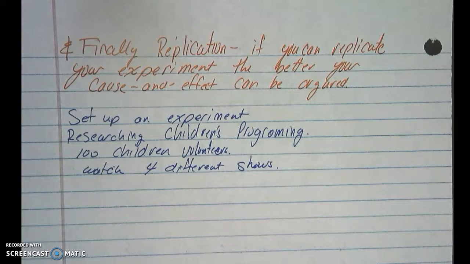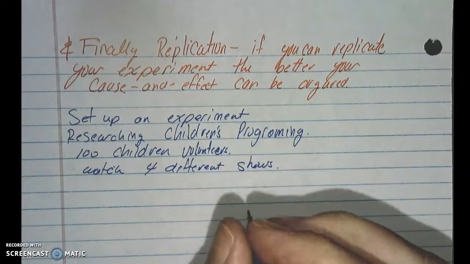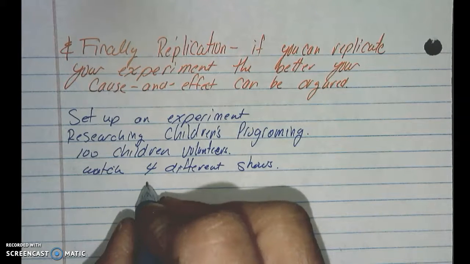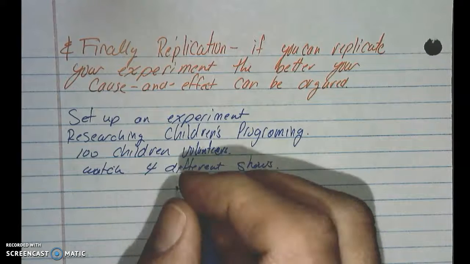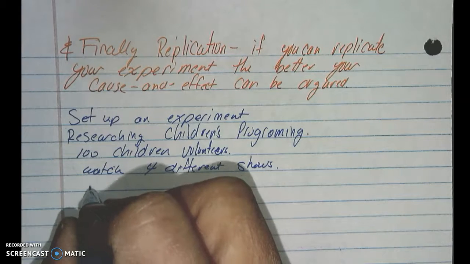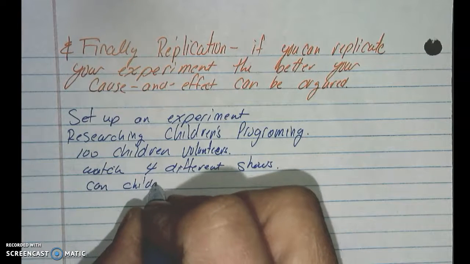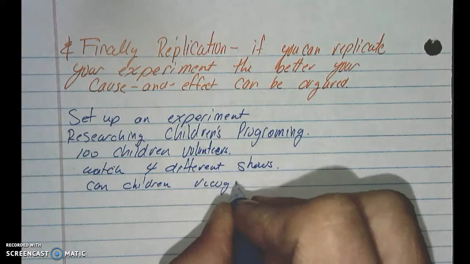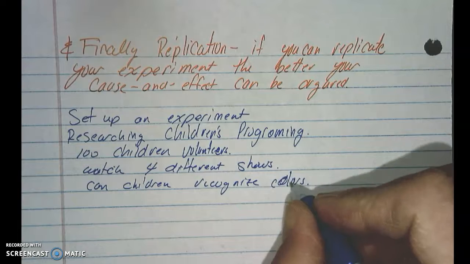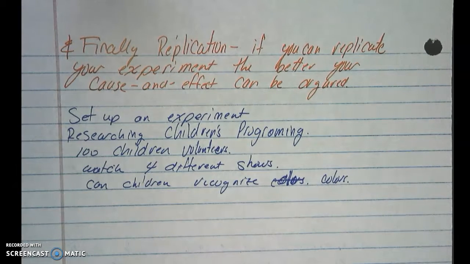Okay. Do we actually want to use shows, or do you just want to name show A, B, C, and D? What kind of kids shows do we want them to watch? Okay. What are we actually going to be testing? Let's do that first. Can children recognize colors? Okay. Oh my gosh.